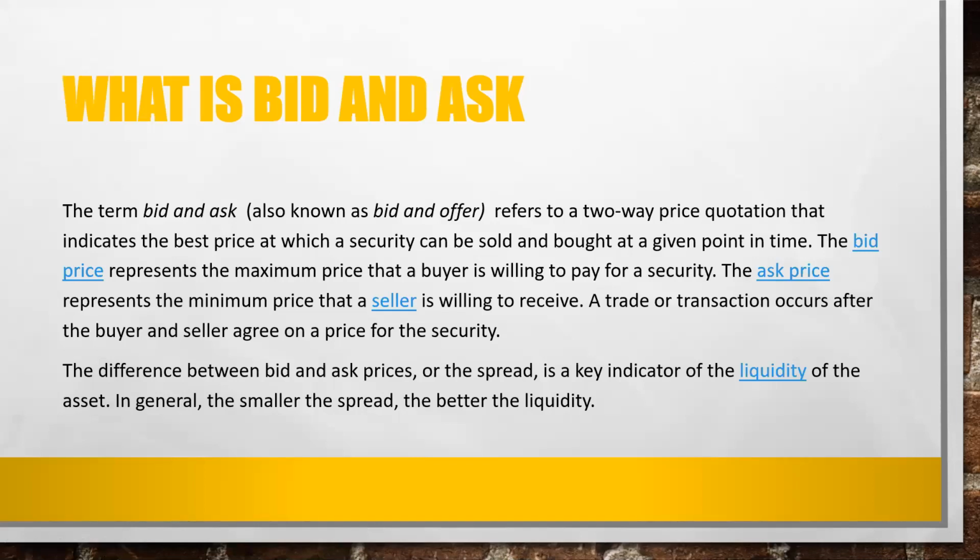The term bid and ask, also known as bid and offer, refers to a two-way price quotation that indicates the best price at which the security can be sold and bought at a certain point in time. The bid price represents the maximum price that a buyer is willing to pay for a security. The ask price represents the minimum price that the seller is willing to receive for a security, an instrument or an asset.